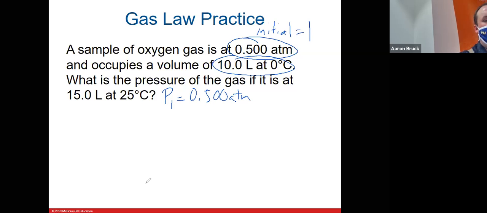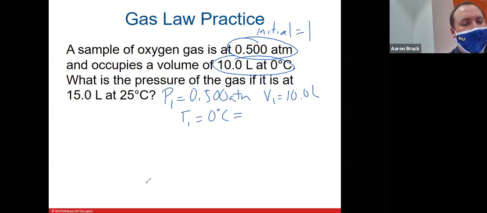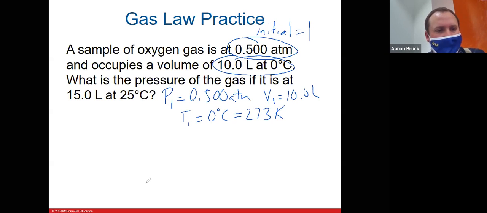That means that our V1 is going to be the 10 liters. And that means that our T1 is going to be the 0 degrees Celsius, which again, we've got to convert into Kelvin. 0 plus 273 gives me 273 Kelvin. So those are our one conditions.